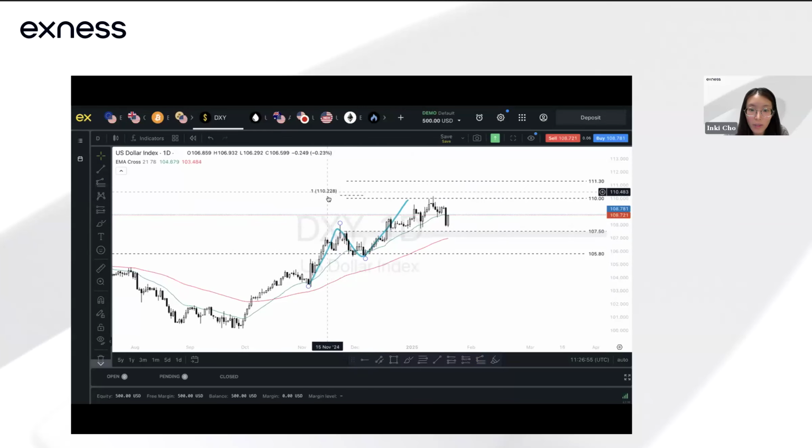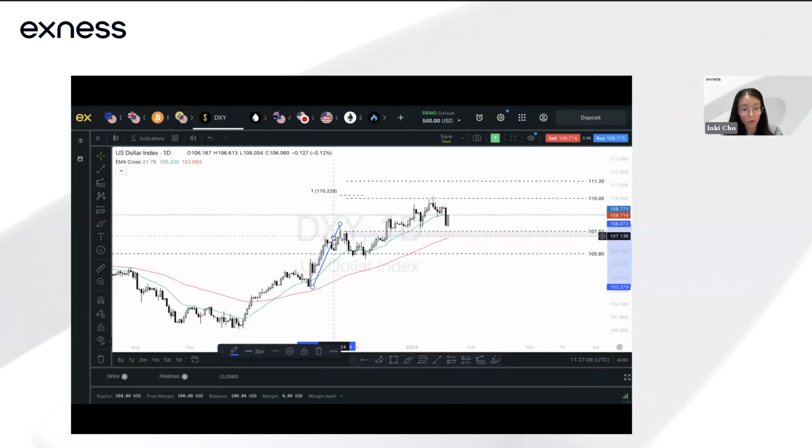Now, what this also means is the projection of this move, or rather the extent of this move, you can see here. This move from the low to high, the one in blue that we have, I'm going to take this, copy it, paste it, and you can see that the extent of the rally is similar.